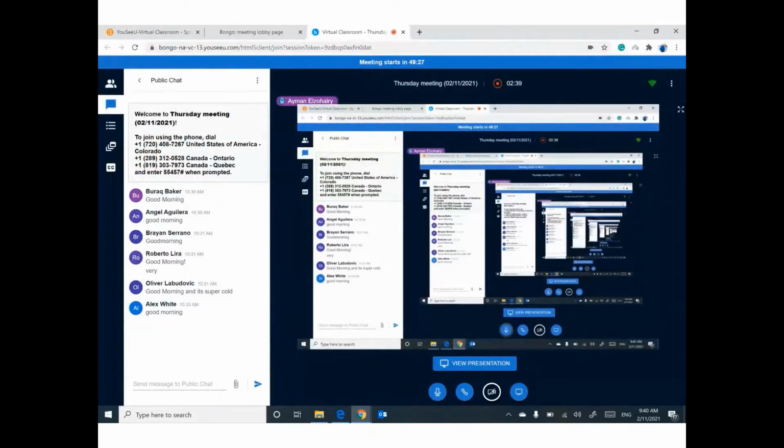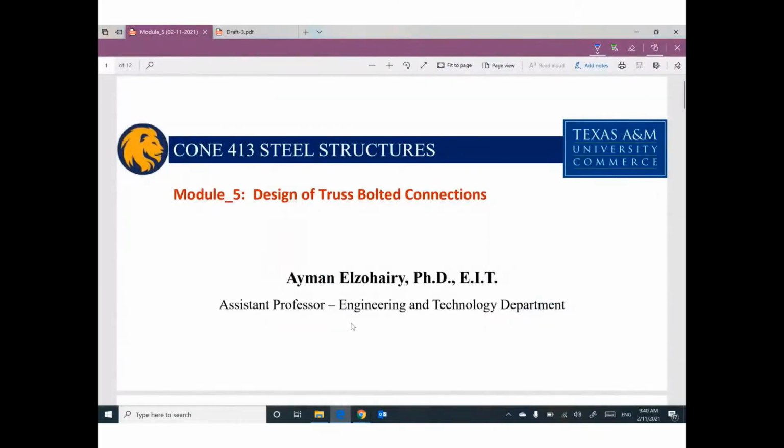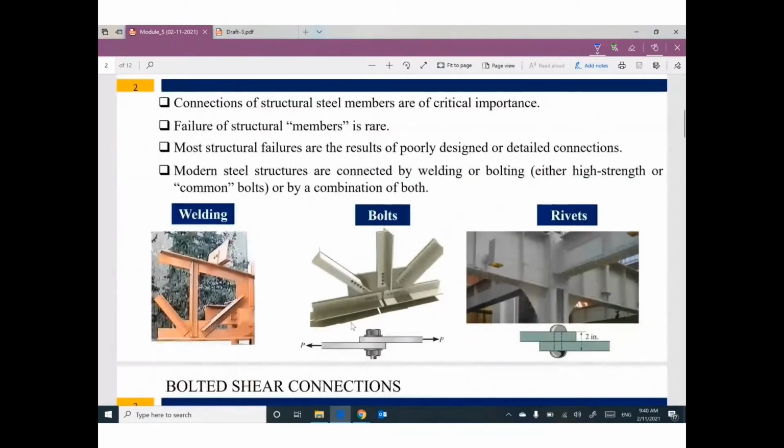Okay. So guys, we have 3 different ways to make a connection. We can make a connection by welding. Can you see this member connected to this gusset plate by welding? I cannot see any holes or any bolts, just welding.